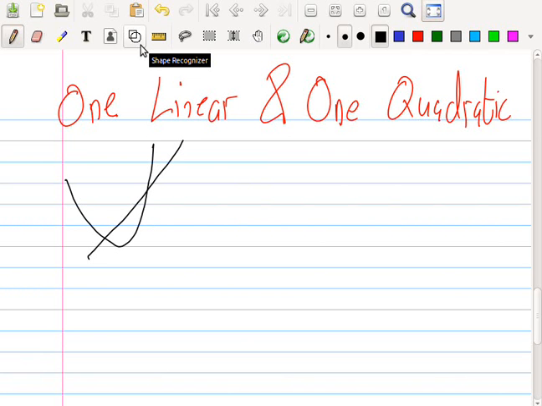Firstly, when we think about the two linear equations, will two lines always meet and have a solution? What do we think? Do you remember? No. What's the special situation when they don't? Parallel. If they're parallel. Same thing here with linear and quadratic. You're not guaranteed that they'll meet.